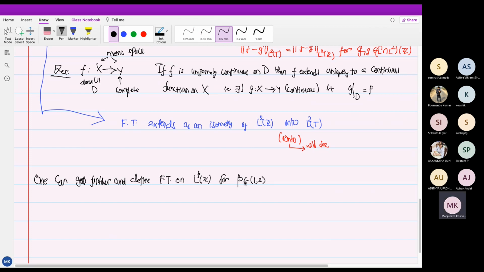Already we have it at 1 and 2. For L1 functions we have it, for L2 functions we have it, but for functions in between also we can do it. Maybe I'll just give it as an exercise here.